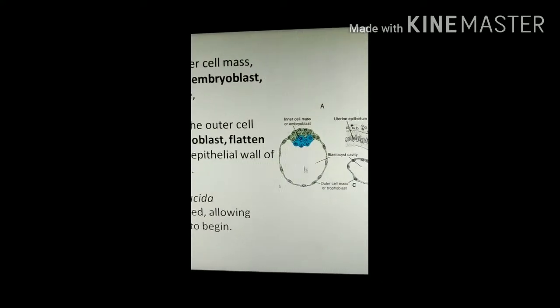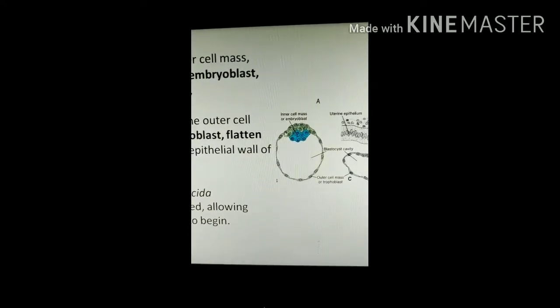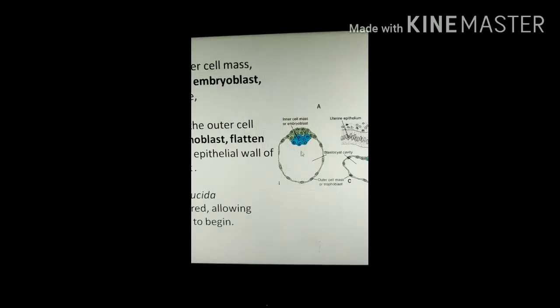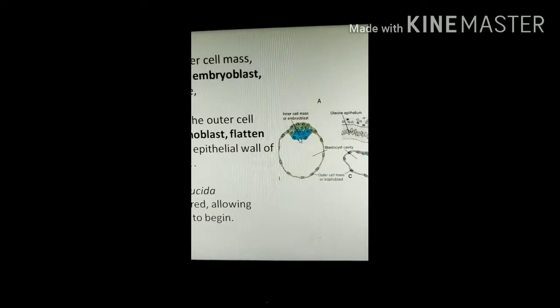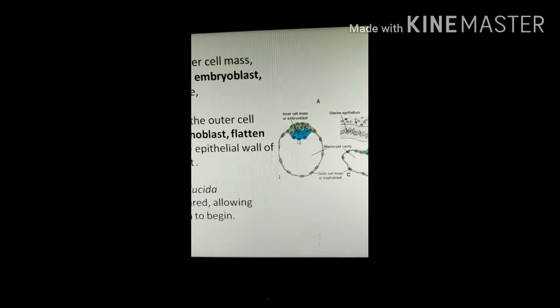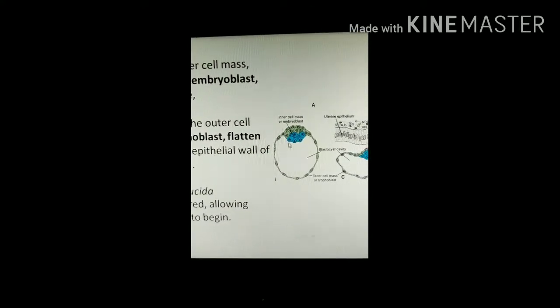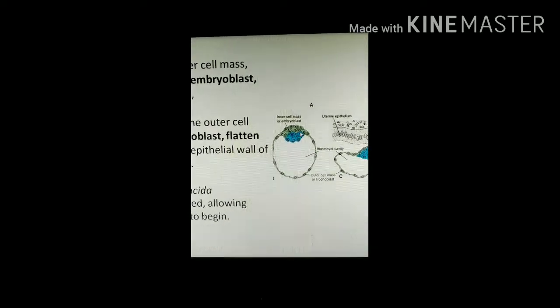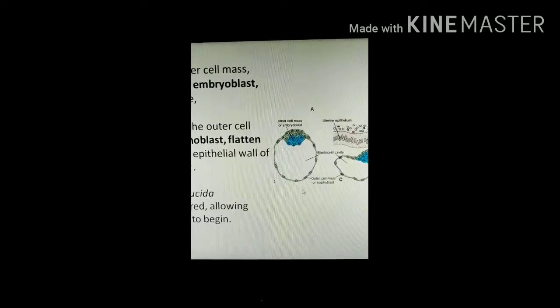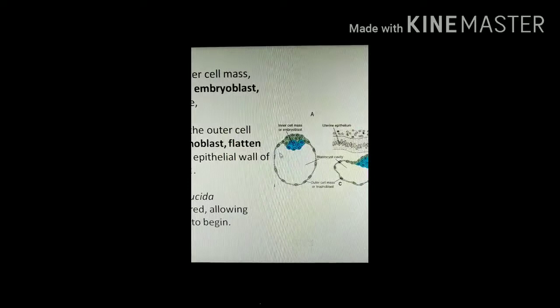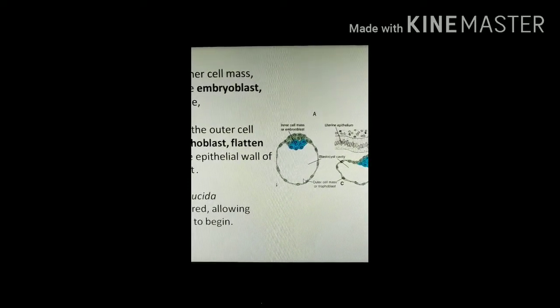Now there is the inner cell mass and the outer cell mass. The cells of the inner cell mass are now called the embryoblast, at one pole, and the outer cell mass, the trophoblast, flattens and forms the epithelial cells covering the wall of the blastocyst.